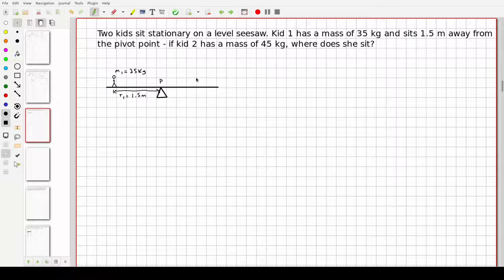Now, kid 2 is going to sit somewhere over here. We know their mass. Their mass is 45 kilograms. The question is how far away from the pivot point do we have to place the second kid in order to get this thing to remain stationary? So we're looking for R2.